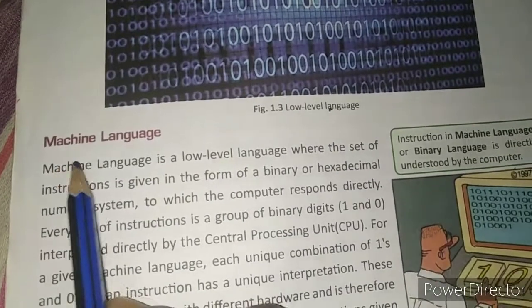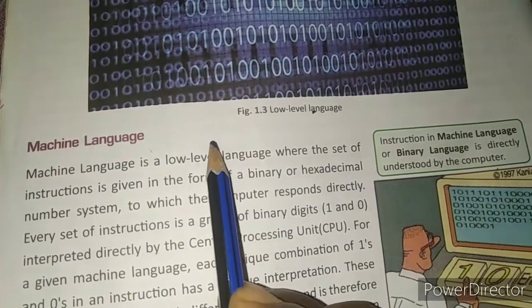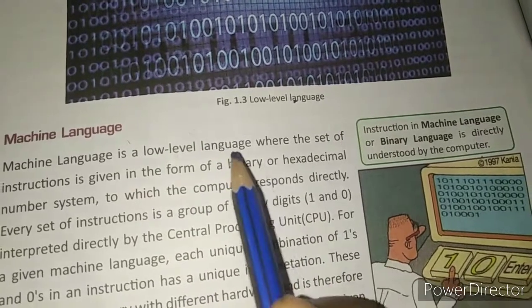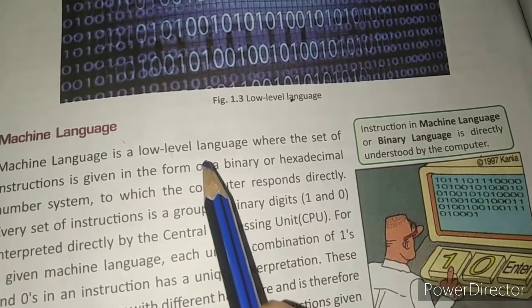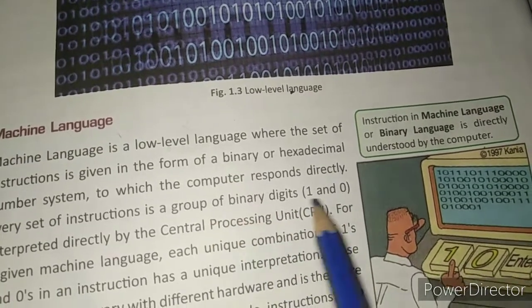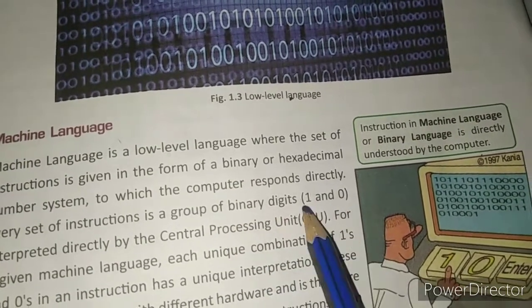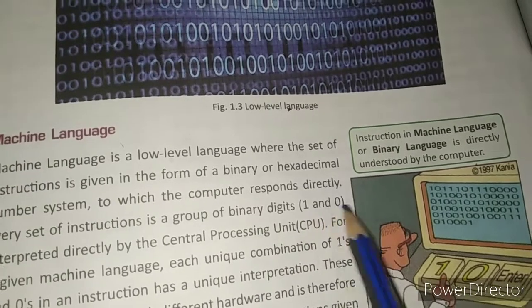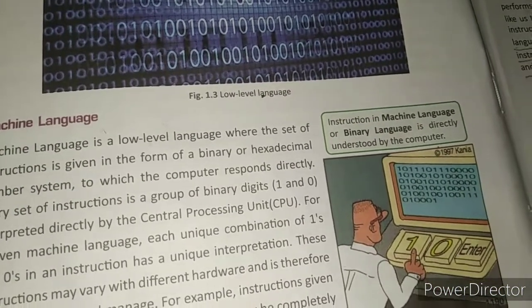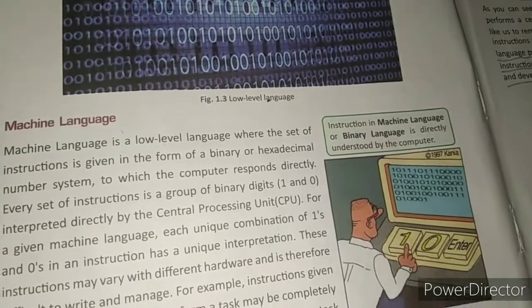It means what? Generally, machine language or binary language: in this language, programs are written as a sequence of ones and zeros. It means programs are written in binary digits using 0 and 1, right? And this language is the closest to the hardware.